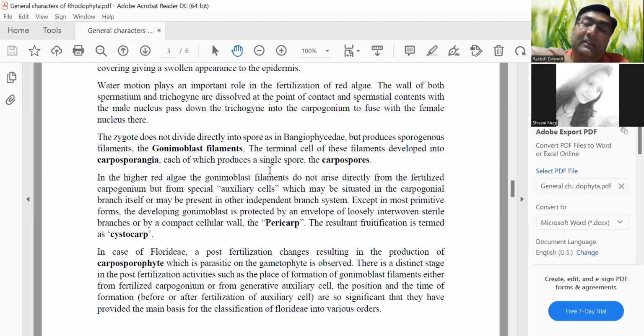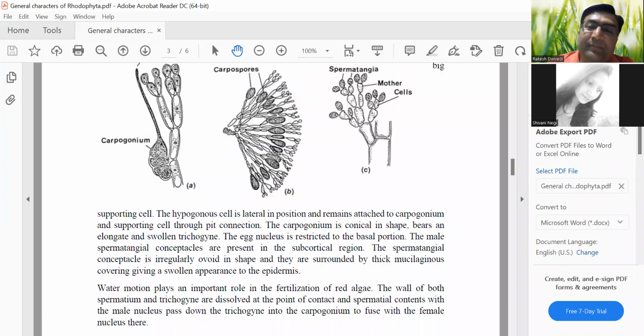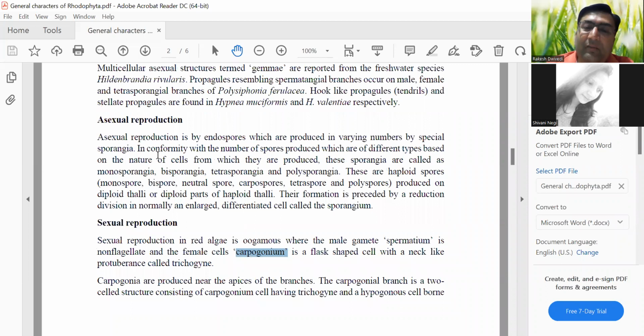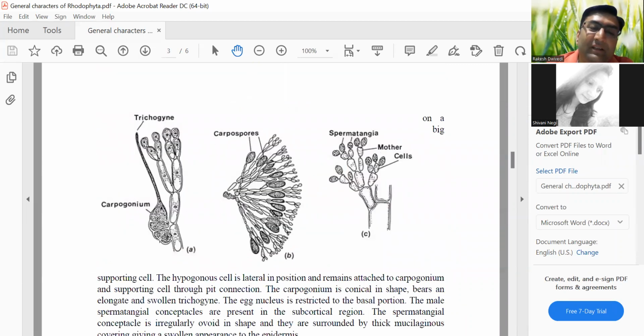But in some still higher groups of the red algae, the entire carpogonial branch, means the branch consisting of the supporting cell, the auxiliary cell, and the carpogonium at its tip, all these cells get fused. Here you can see the structure. This is the carpogonium, and just below the carpogonium is the hypogynous cell, and below the hypogynous cell is the supporting cell.